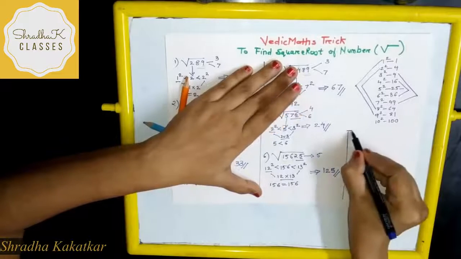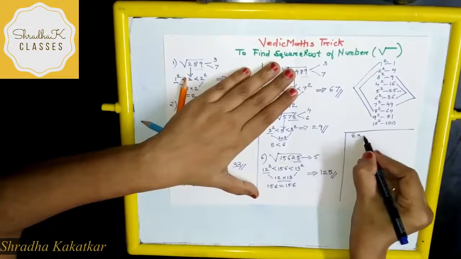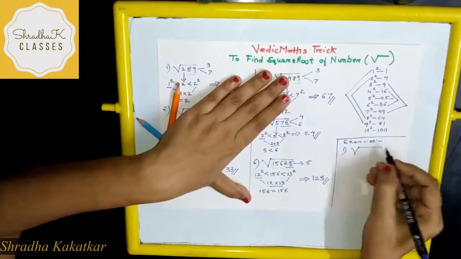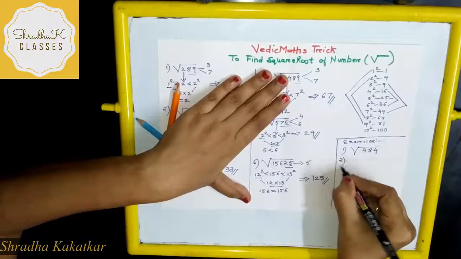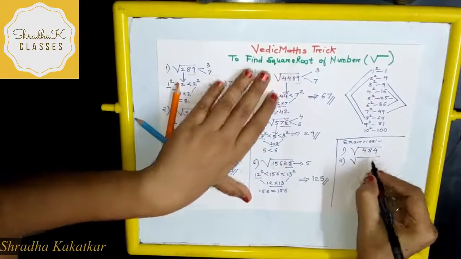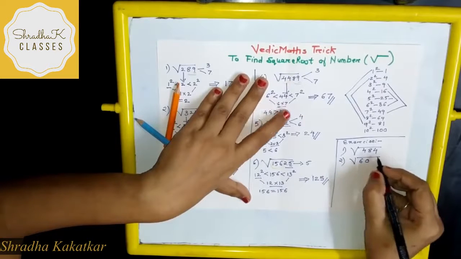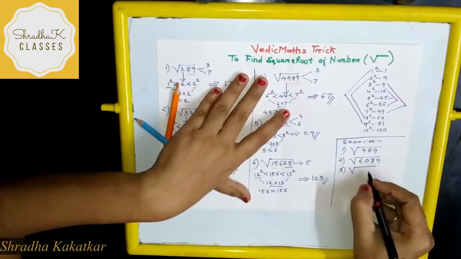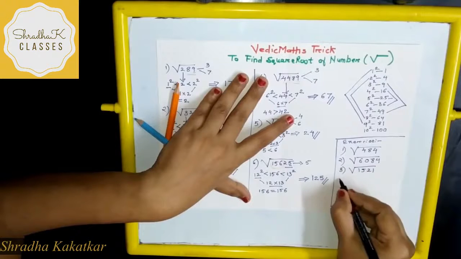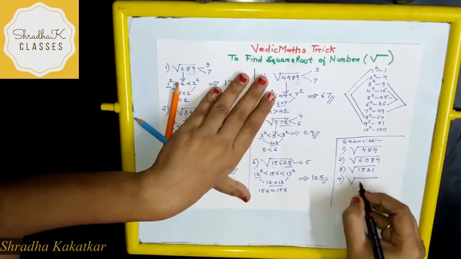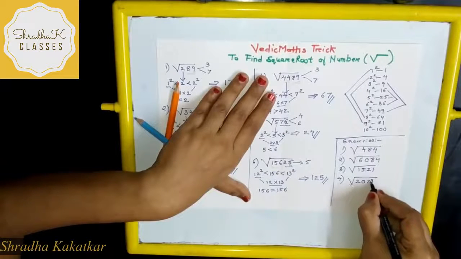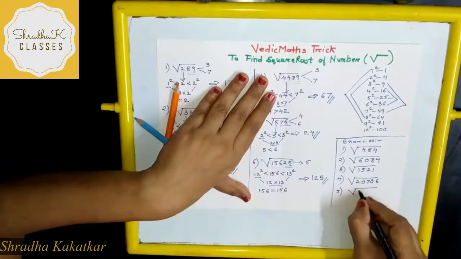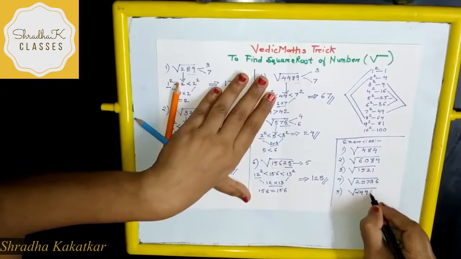Now it's exercise time. Exercise. Try finding the square root of 484, then 6084, then 1521, 20736 and 24964.